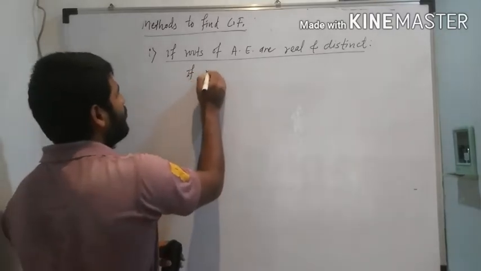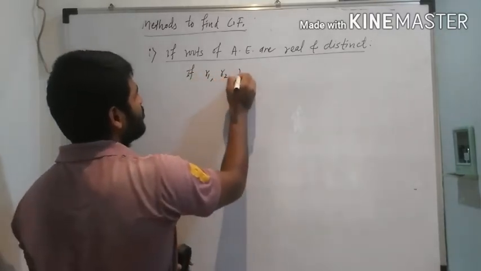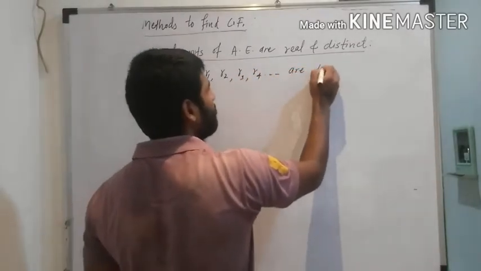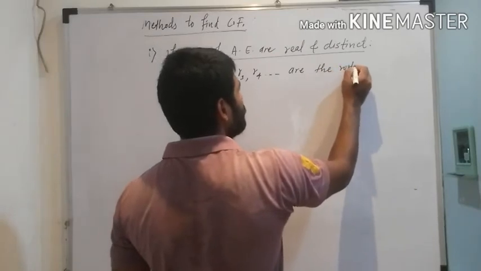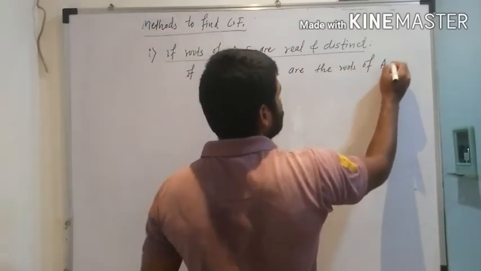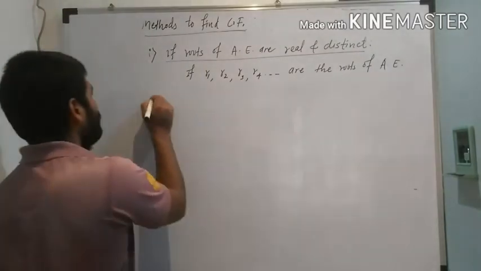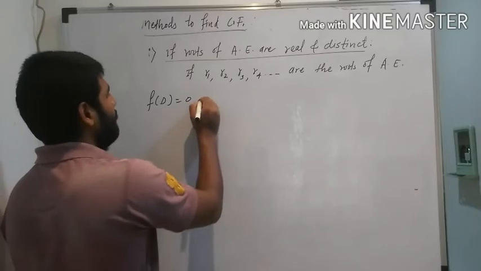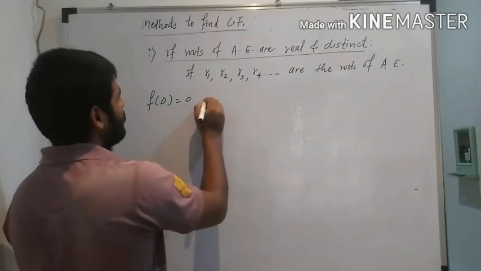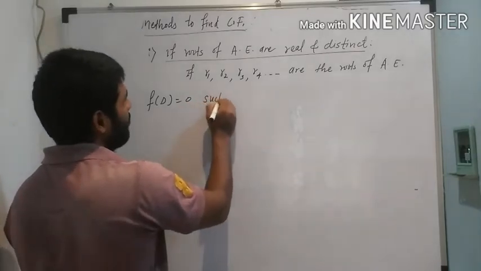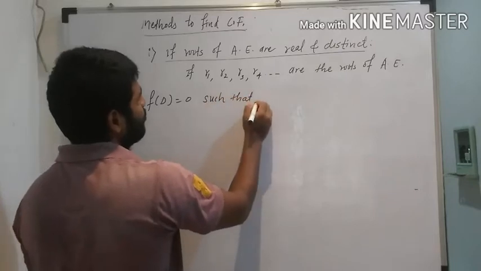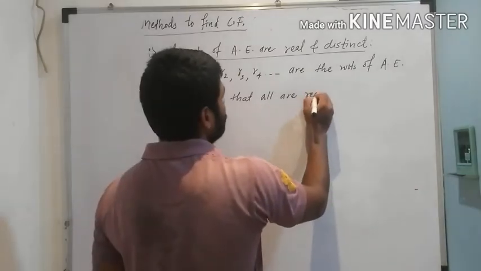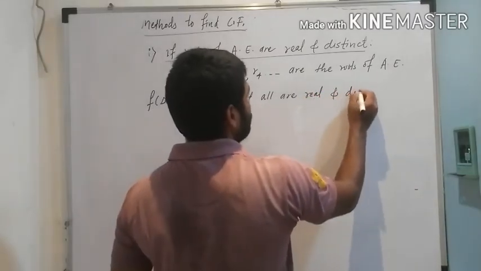If r1, r2, r3, r4 and so on are the roots of the auxiliary equation f of capital D equal to 0, such that all are real and distinct.